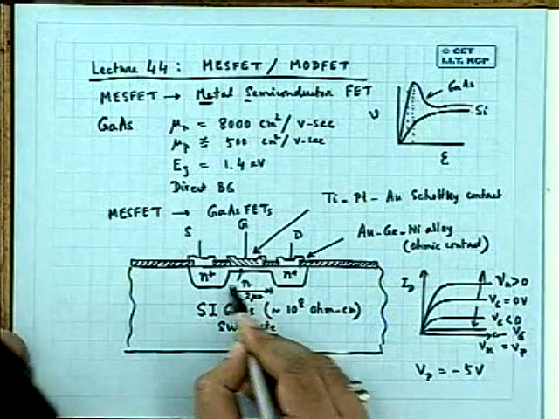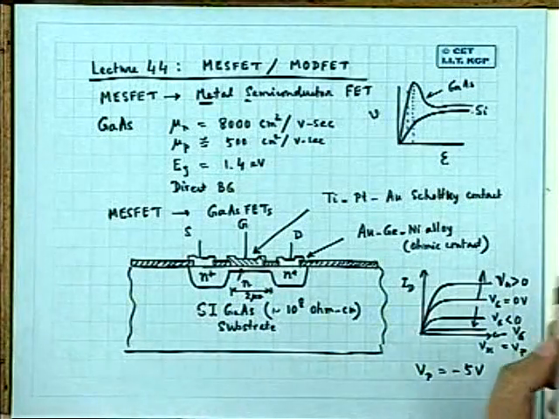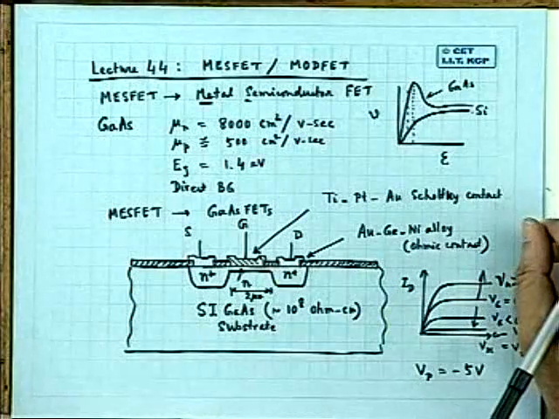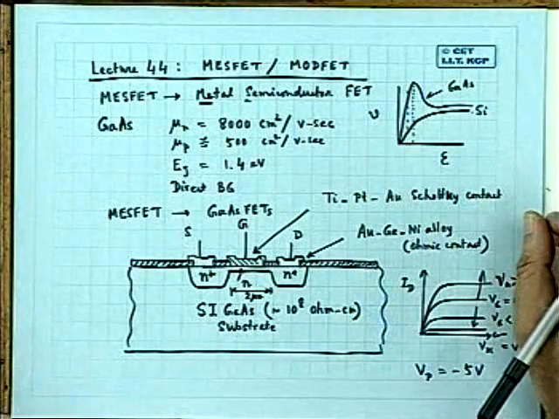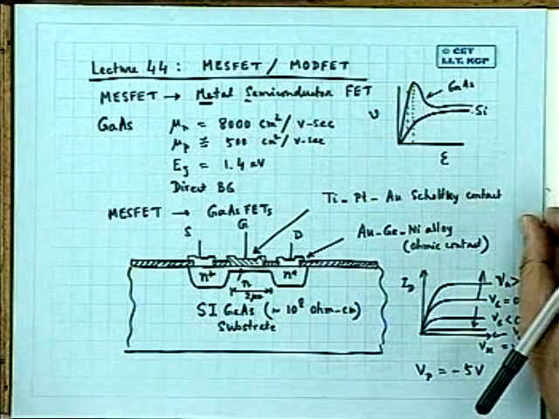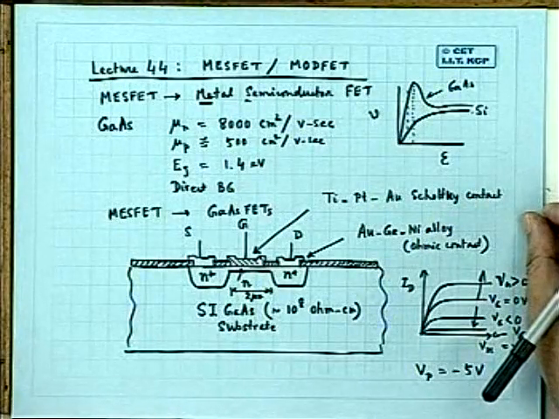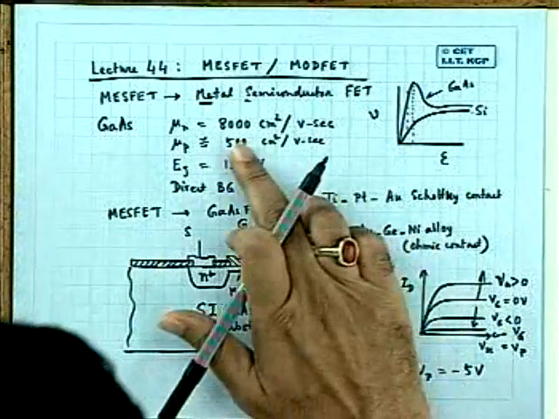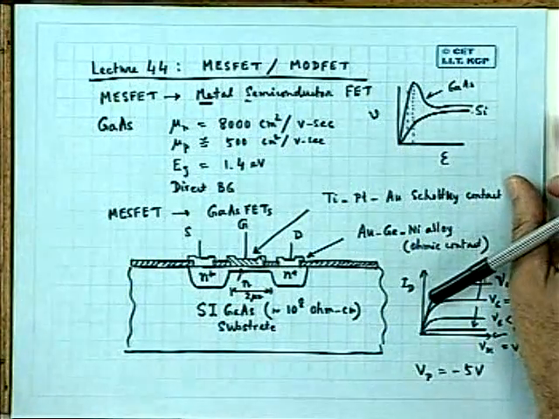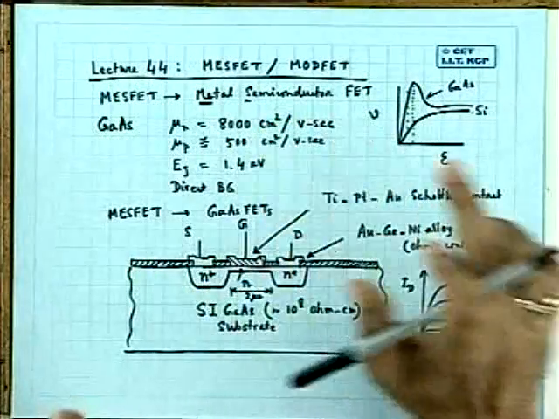So if you have a 2 micron technology, you can achieve a speed which is as good as that of an N-MOSFET with, say, 0.2 micron, 0.3 micron, 0.5 micron technology, because your mobility is extremely high.